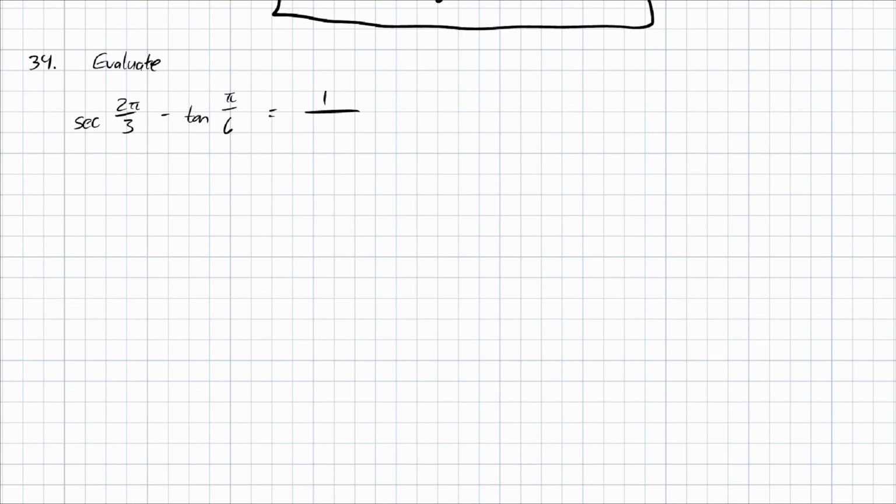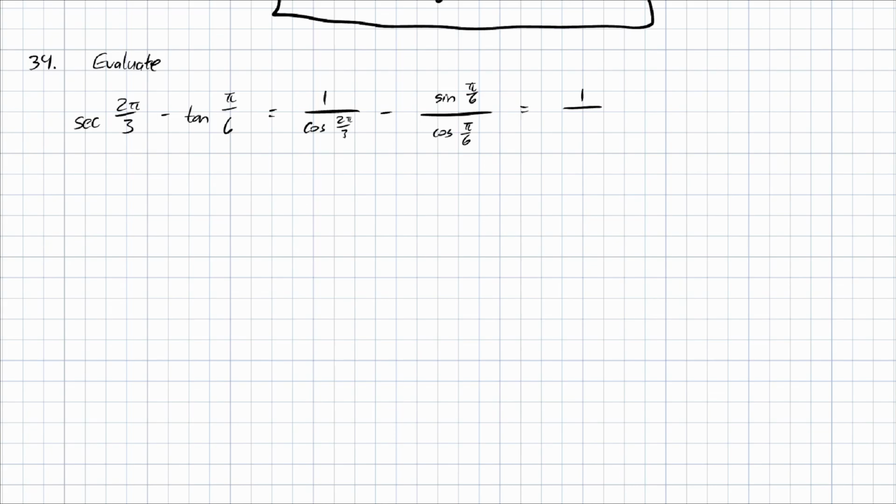Remember, secant is 1 over cosine. 2 pi over 3, right? Minus tangent. Oh, tangent is sine over cosine, sorry. Sine pi over 6 over cosine pi over 6. Now, it's 2 pi over 3, right?